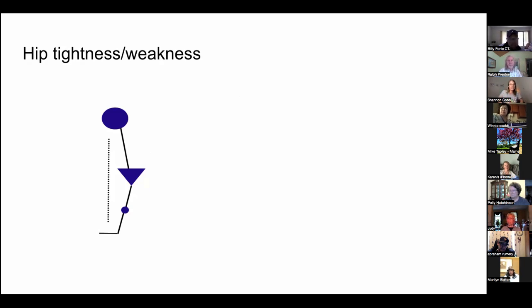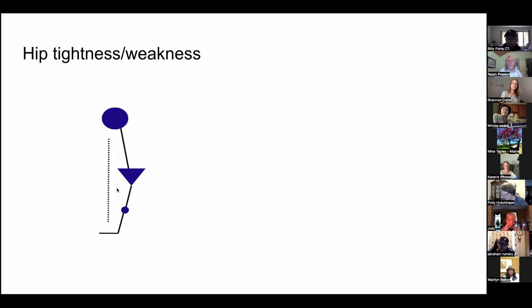So if you're tight at the front of your hip and you aren't able to fully tuck your rear end under, you'll end up having some version of what this little stick man looks like. It may not be this pronounced, but even a little of it can contribute to the knee hyperextension.